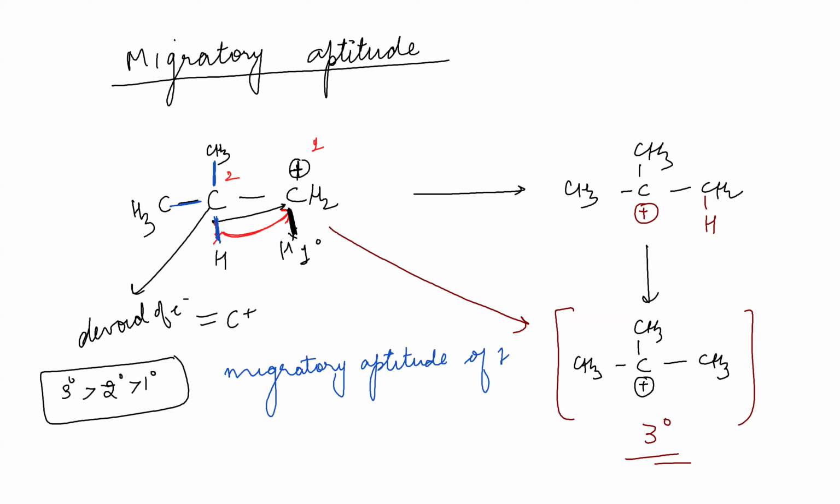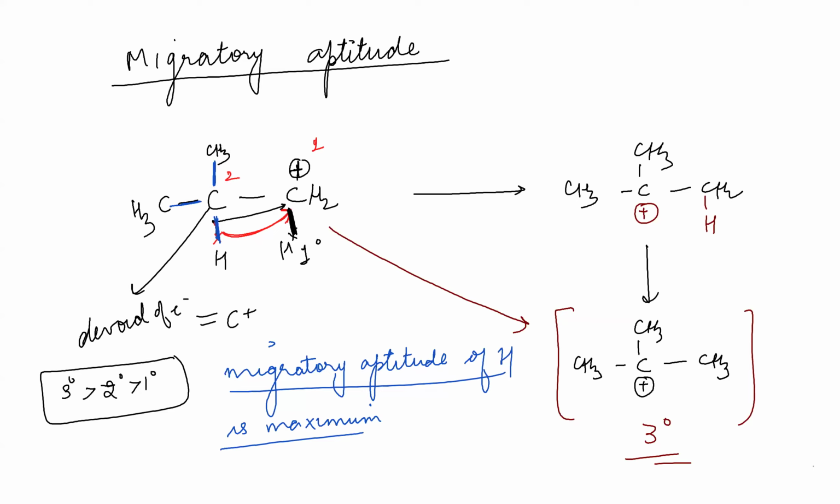Because the migratory aptitude of H is maximum, if we have a choice to shift methyl from here to here, or to shift H from here to here, obviously H will shift rather than CH3, because H is lighter than CH3. Is that clear?